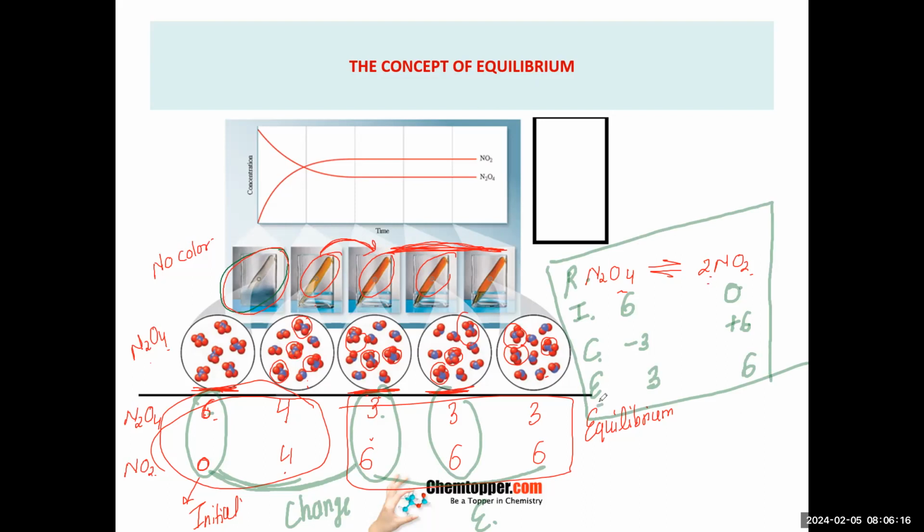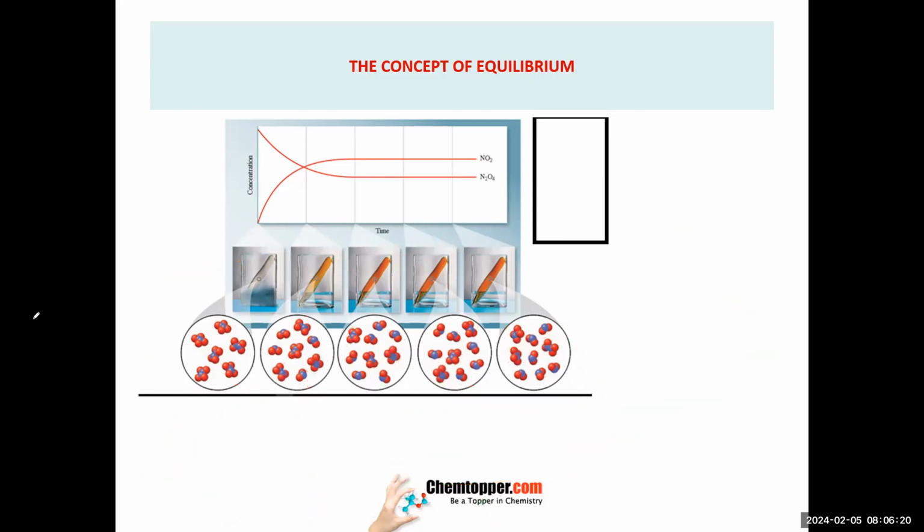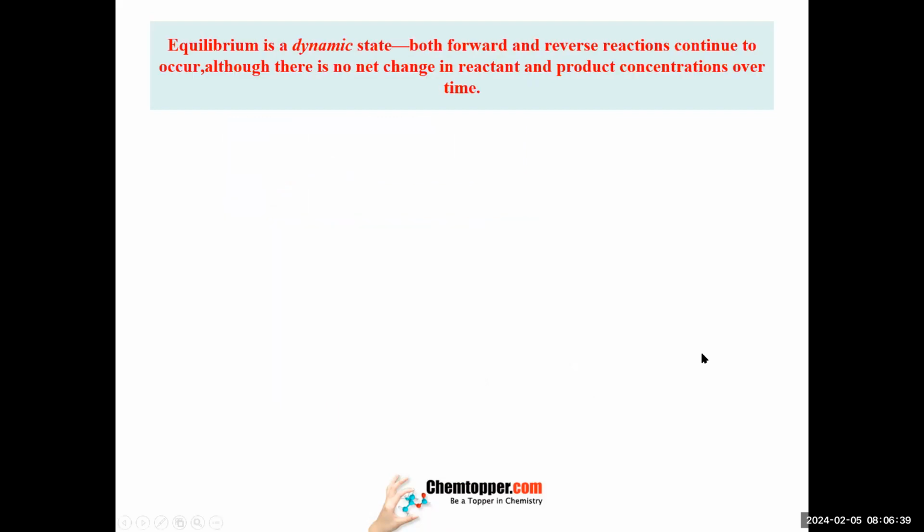Are we clear about the equilibrium, children? The concept of equilibrium. So what happens at the time of equilibrium? There is no change in the concentration of the reactant or product. Read this line.